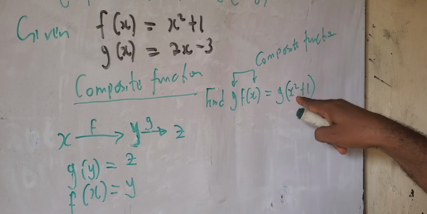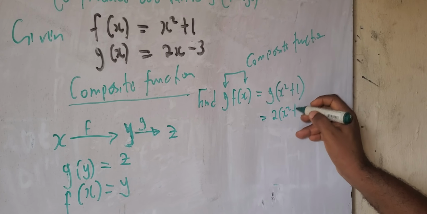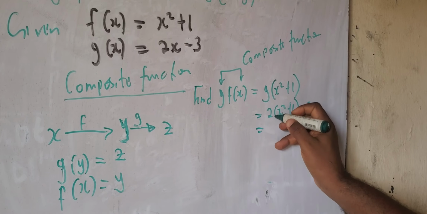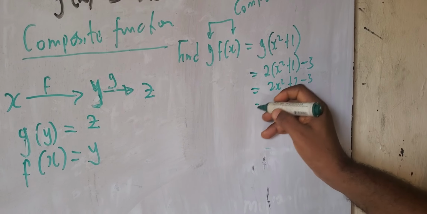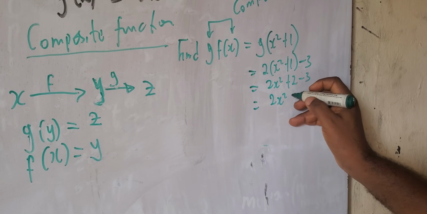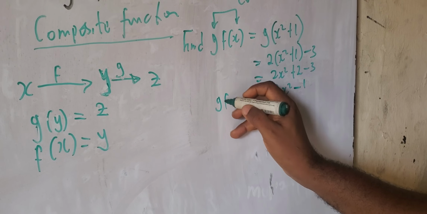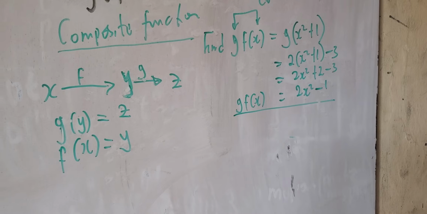So what is inside here is this now, so we are going to multiply it by 2. Then we subtract 3. Then when we open this bracket, we have 2x squared plus 2 minus 3. And then 2x squared plus 2 minus 3 will give us minus 1. Therefore, g of f of x gives us 2x squared minus 1.